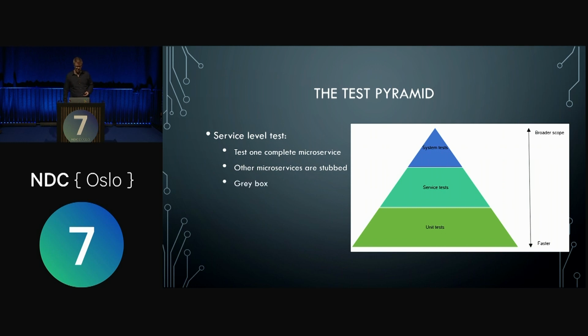And I sometimes think about these as a gray box. So we have the black box, white box terminology, and this is gray and in between because it's from the outside of the microservice.